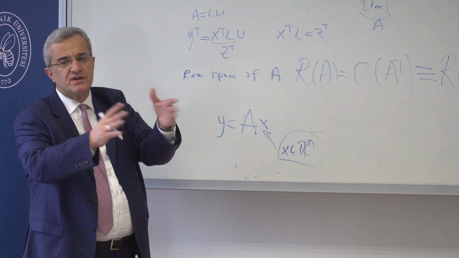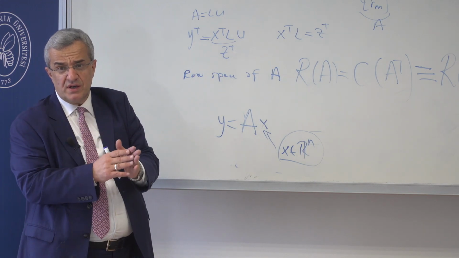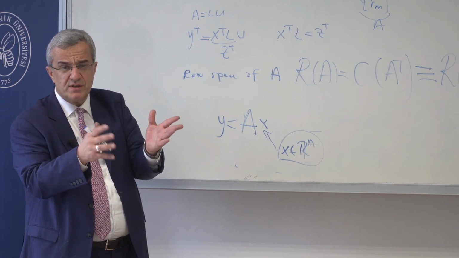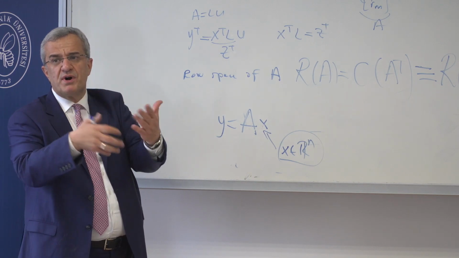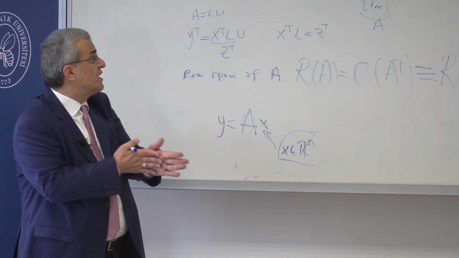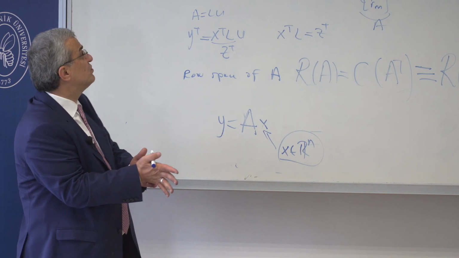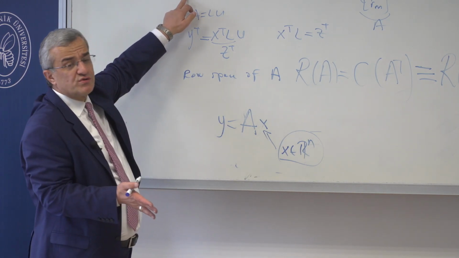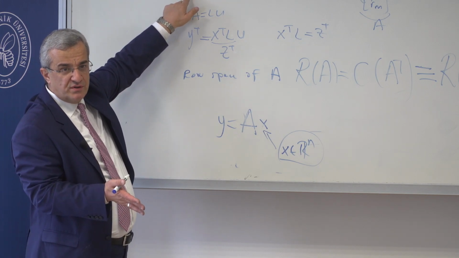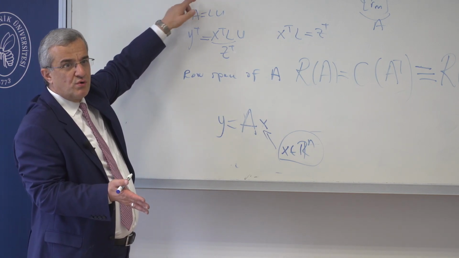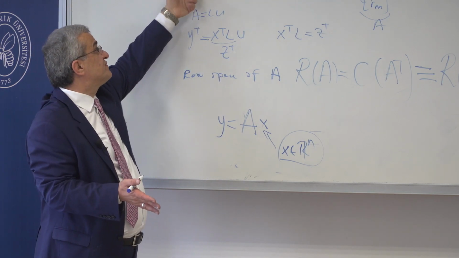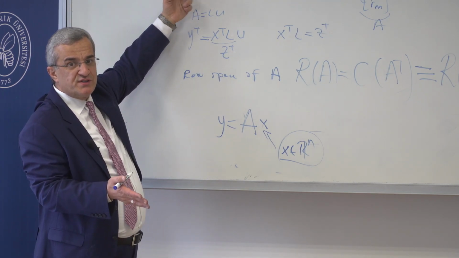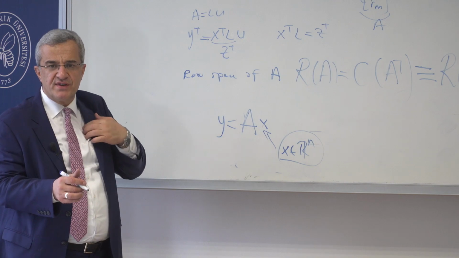You take all vectors in an m-dimensional vector space and compute all possible linear combinations of the rows. And what are you going to get? You are going to get the row space of A. So what is the dimension of the space that these vectors lie in? That's what we are investigating.